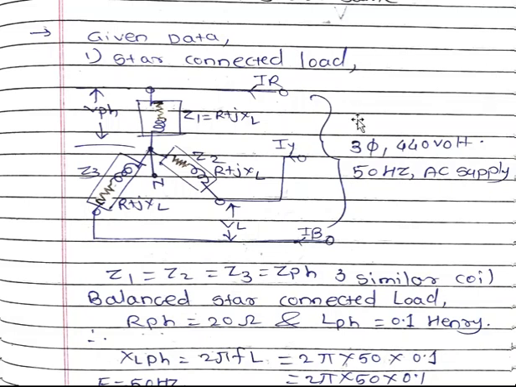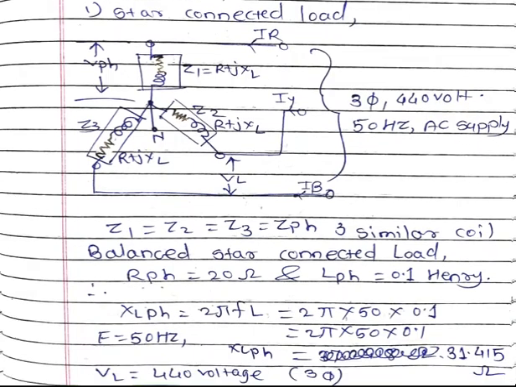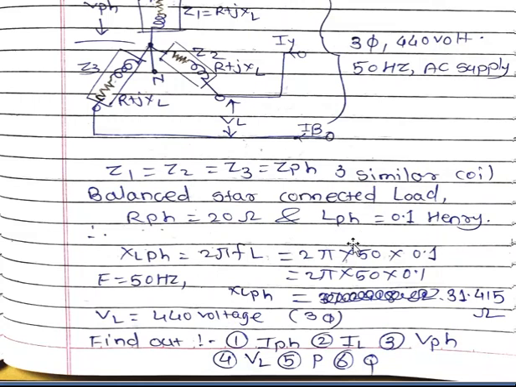Now the supply voltage is 3-phase 440 volt 50 Hz AC supply. Now we calculate the value of XLPH. The given value is inductance per phase, which is 0.1 Henry. We convert it into inductive reactance per phase, because Z2 contains R plus jXL, but the given value is inductance, so we calculate inductive reactance.